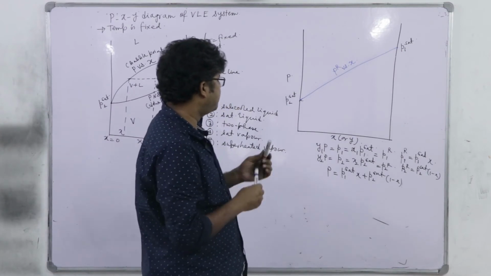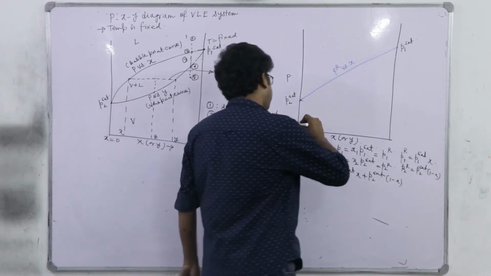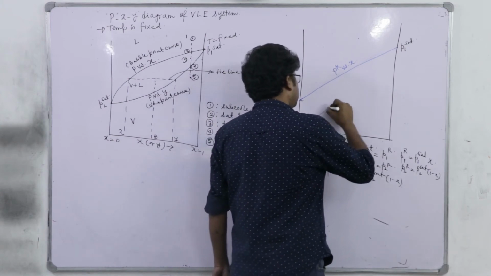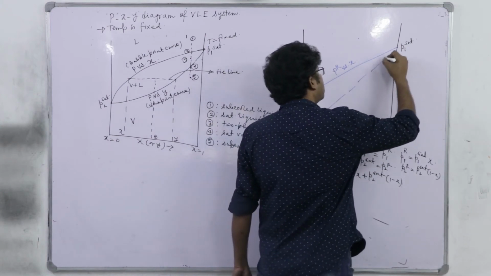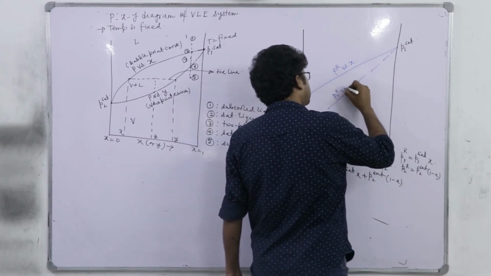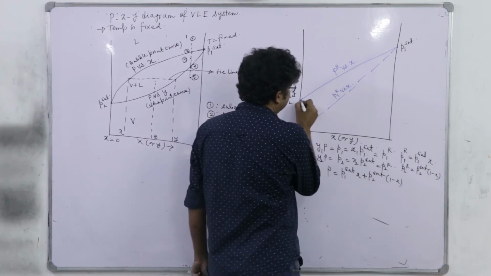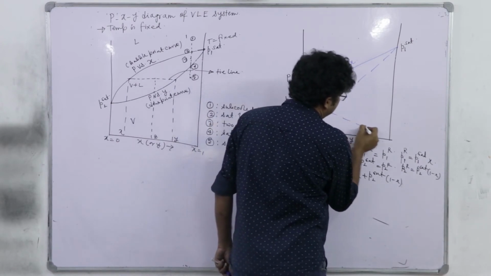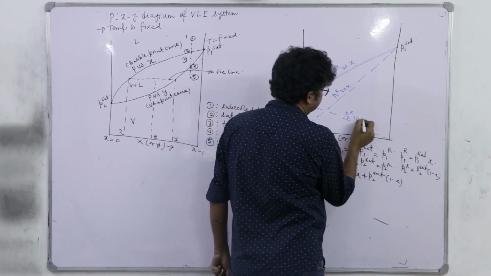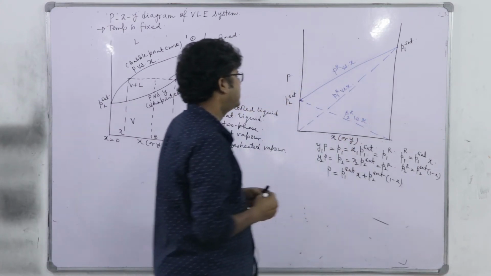So, obviously, if I connect this 0, this becomes P1R versus x, and this line is P2R versus x.